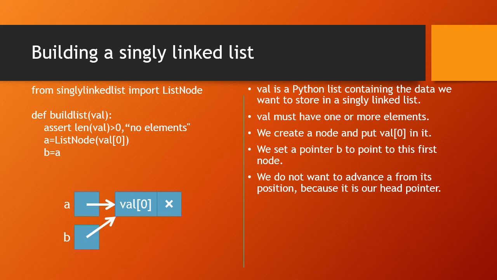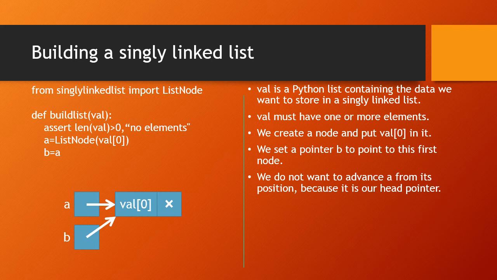I want a pointer to keep sitting pointing to the first node of the list. If I take just one pointer and start advancing it, as soon as I advance it, I will not have a pointer to the first node of the list. This will make my entire list inaccessible.